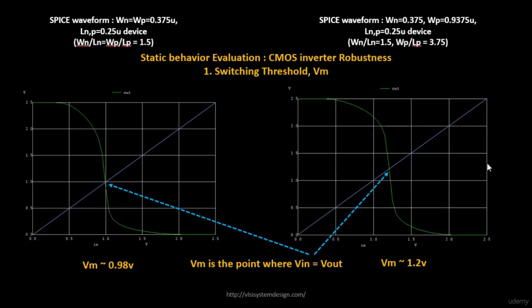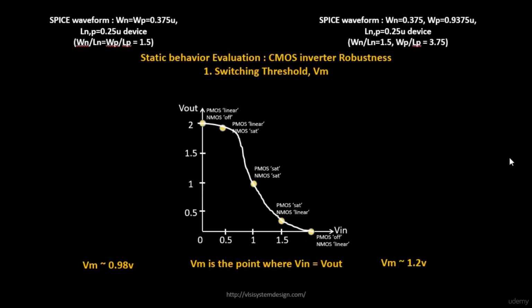These are the areas in which your PMOS and NMOS both are in saturation region. While deriving this particular waveform, we had looked into each and every point of it, at what region of operation your PMOS and NMOS are in. In this case we identified that your PMOS and NMOS are in saturation region. It means that they are kind of turned on in this area.